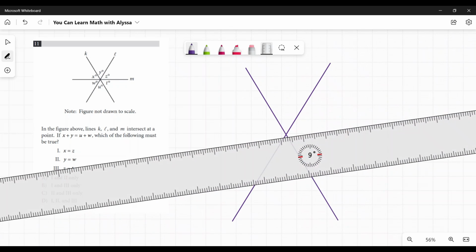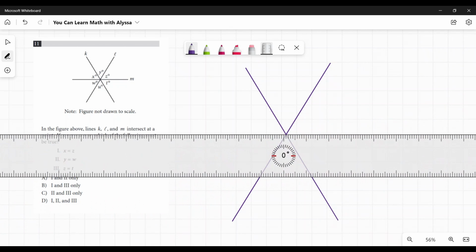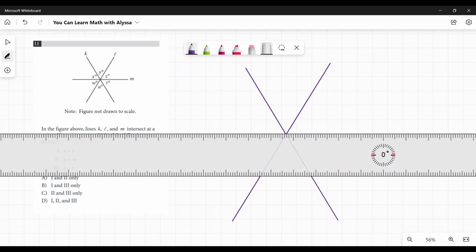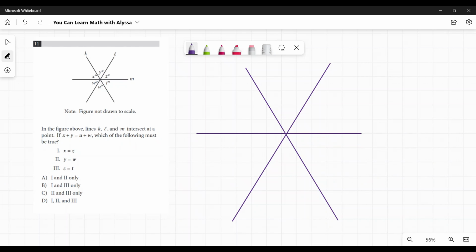So we have our 3 lines here, and we're just doing a nice little approximation because I find it easier. Even if I was taking the SAT, I would sometimes redraw things just to really wrap my head around it. So we have K, L, and M, and we have X, Y, Z, T, U, and W.